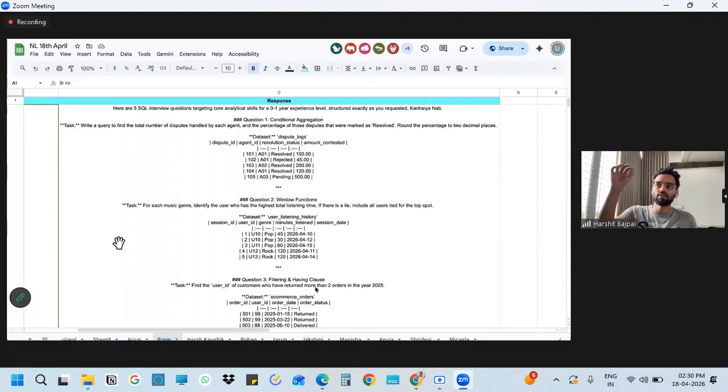So it should be Q1 question 1, Q2 question 2, Q3 question 3. For now, you can skip the difficulty part or the extra columns part, right? Else the data will be like this: Q1 question 1 and give difficulty as well. Q2 question 2 difficulty, Q3 question 3 difficulty, and so on and so forth.